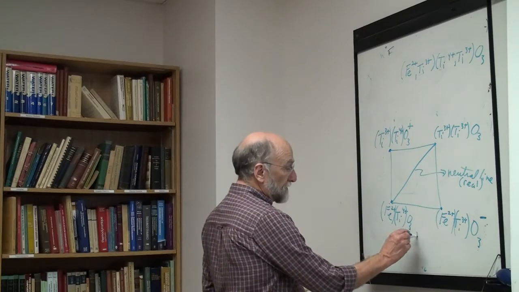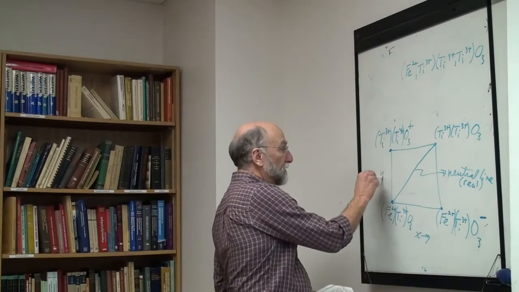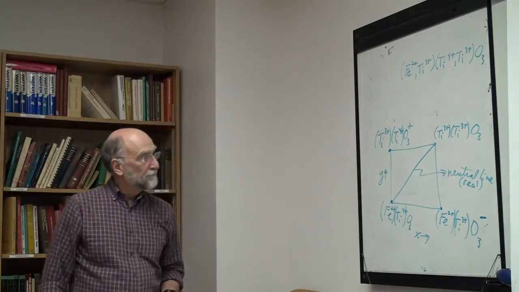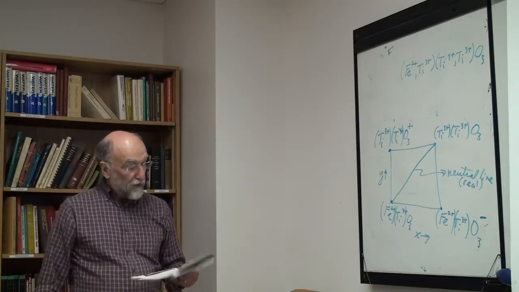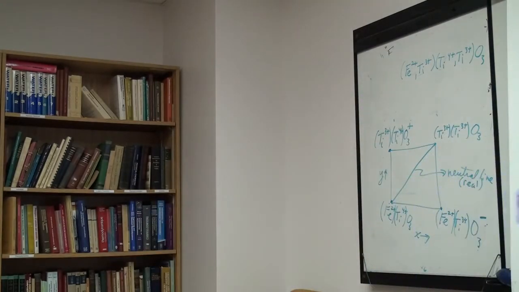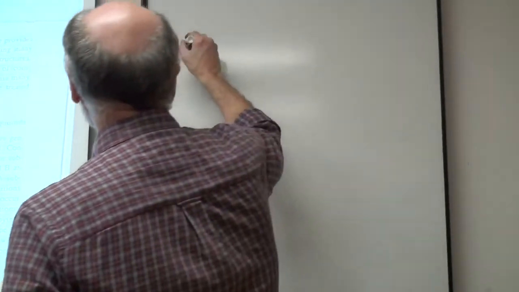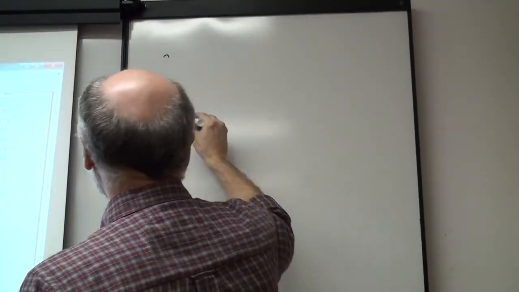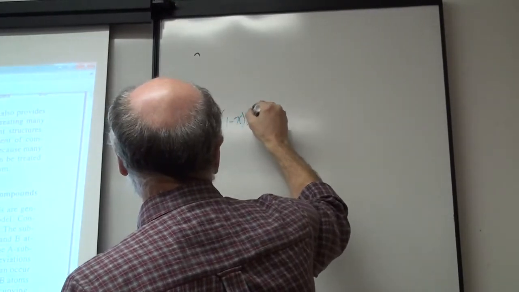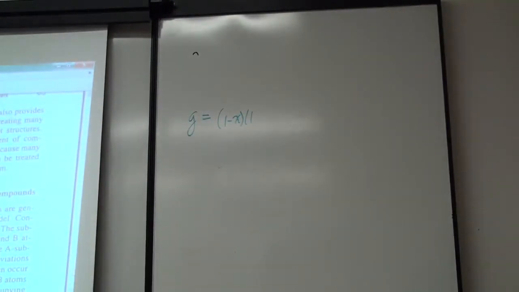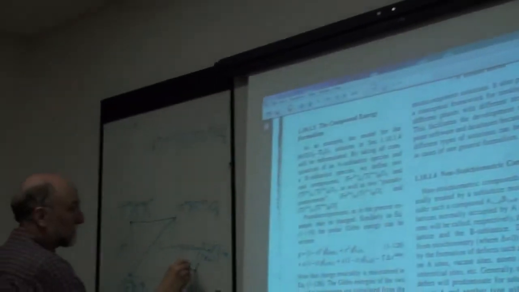I'm going to call the site fraction here little x, and the site fraction here little y. And we're going to write the compound energy formalism. The Gibbs energy of the system is going to be 1 minus x times, and along the neutral line, x equals y.